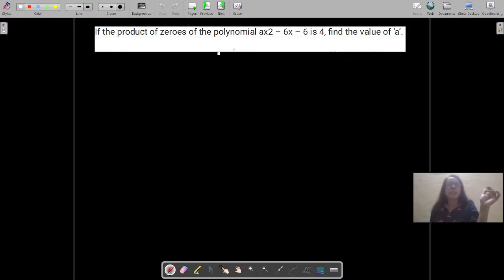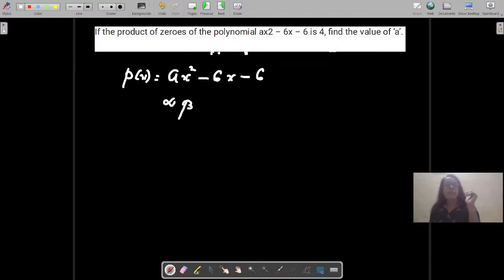That is, if the product of zeros of the polynomial ax square minus 6x minus 6, we are given a polynomial, that is p of x. P of x is equal to ax square minus 6x minus 6. This is a polynomial. And we are given that the product of zeros, alpha into beta, is equal to 4.